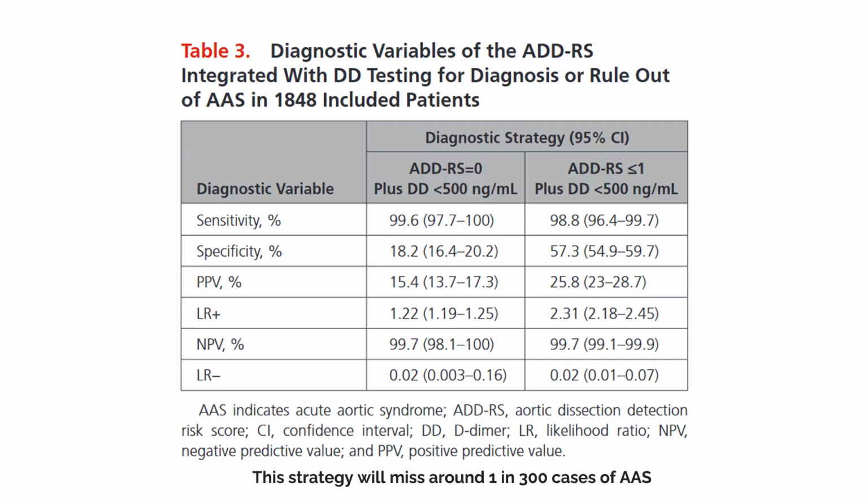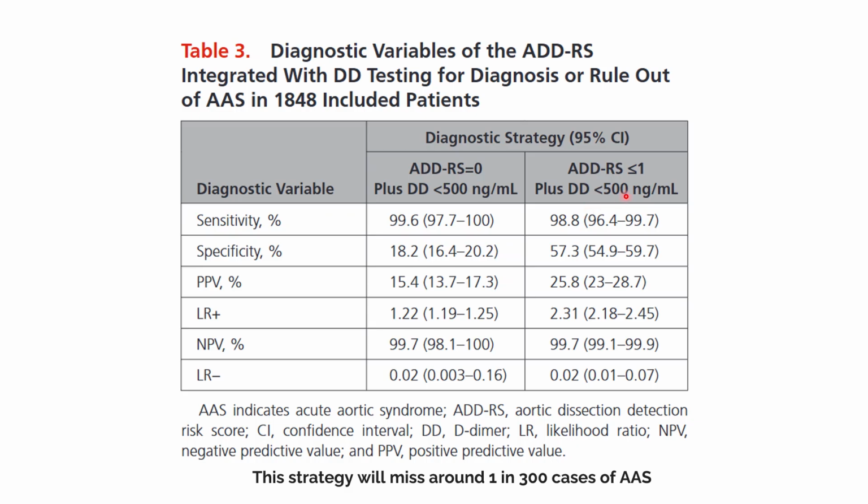So this is the big main table here. If the ADRS score was 0 and the D-dimer was below 0.5, you would have a sensitivity of 99% with a narrow confidence interval.